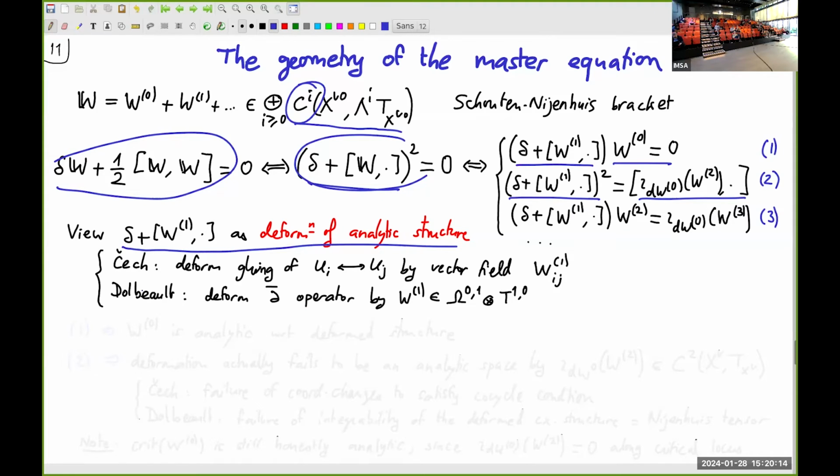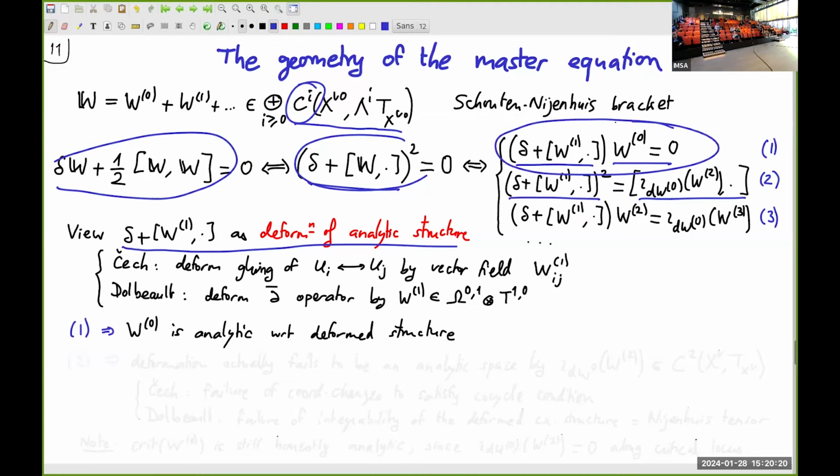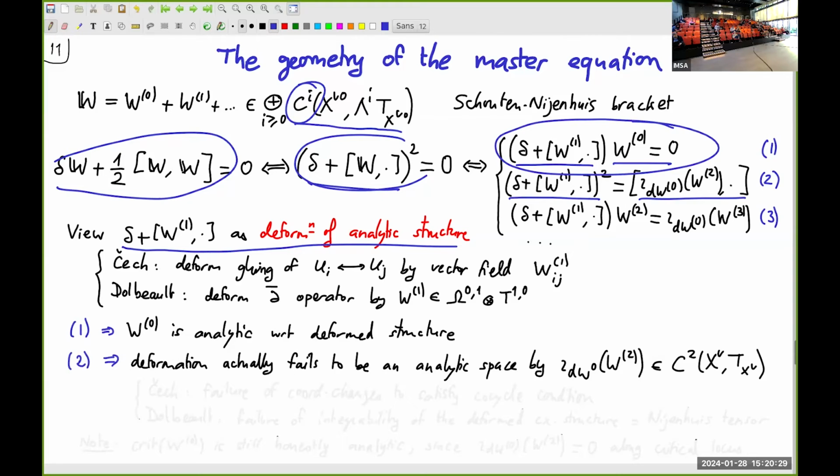Okay. So with this understood, the first equation says W0 is analytic with respect to the deformed structure. The superpotential is still an analytic function. But the second equation says the deformation is obstructed.